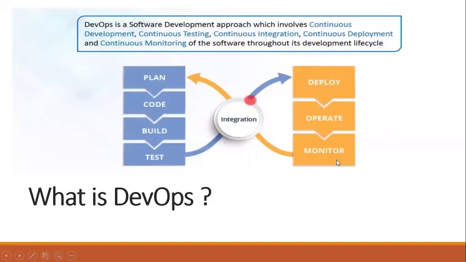Deploy, operate, and monitor are the operational work. So SDLC plus operation, integrated, becomes DevOps. If someone asks in an interview what the steps involved in the DevOps approach are, you have to say continuous development, continuous testing, continuous integration, continuous deployment, and continuous monitoring. That is the best definition.